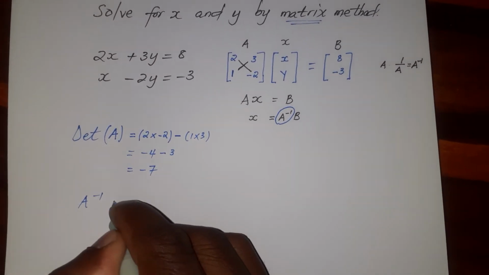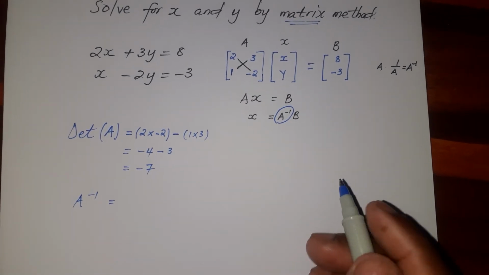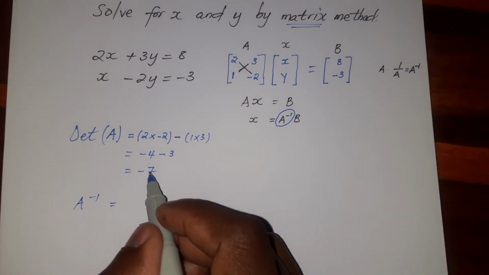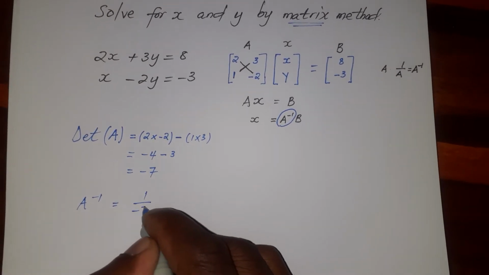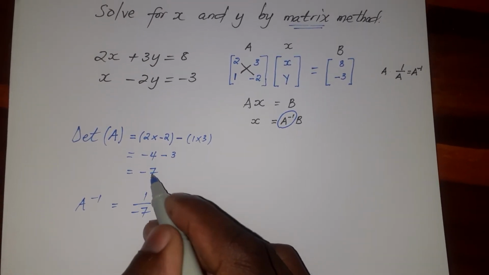Inverse of A, we take the inverse of the determinant, which is 1 over negative 7. This is the inverse of the determinant.